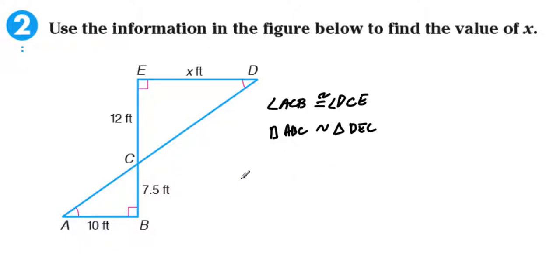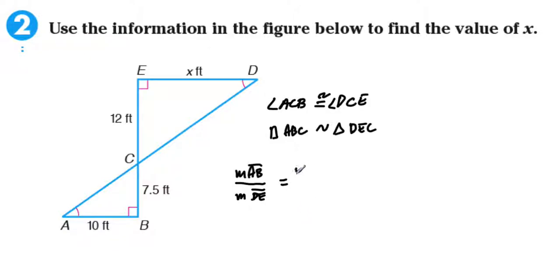We know for a fact too that the measure of segment AB, when we find out that they are similar to each other, over the measure of the side that corresponds to segment AB, which will be segment DE. Okay, so that's one pair of corresponding sides. All of the corresponding sides are in proportion.